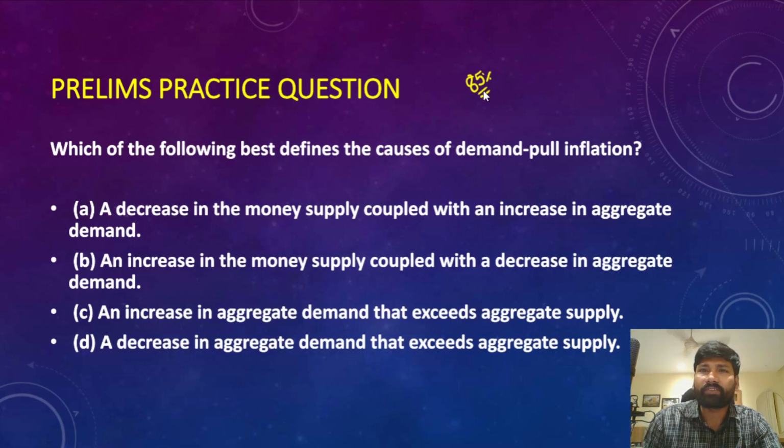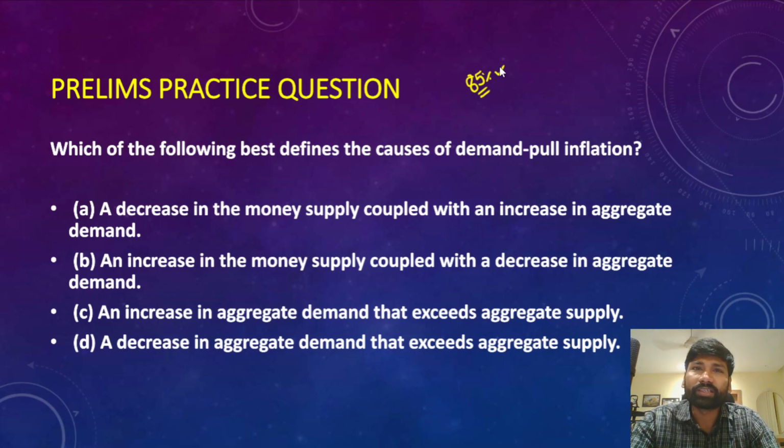Due to external factors, the fossil fuel prices increase. That also increases the production cost of the manufacturing units across the country, and that is how input costs increase, and that will further lead to cost push inflation. Now we have understood what exactly cost push inflation is, but what is demand pull inflation?